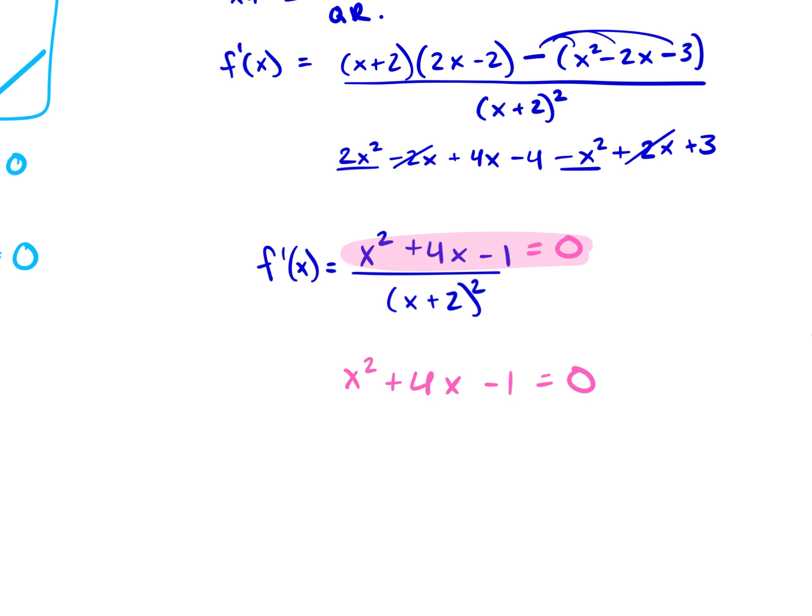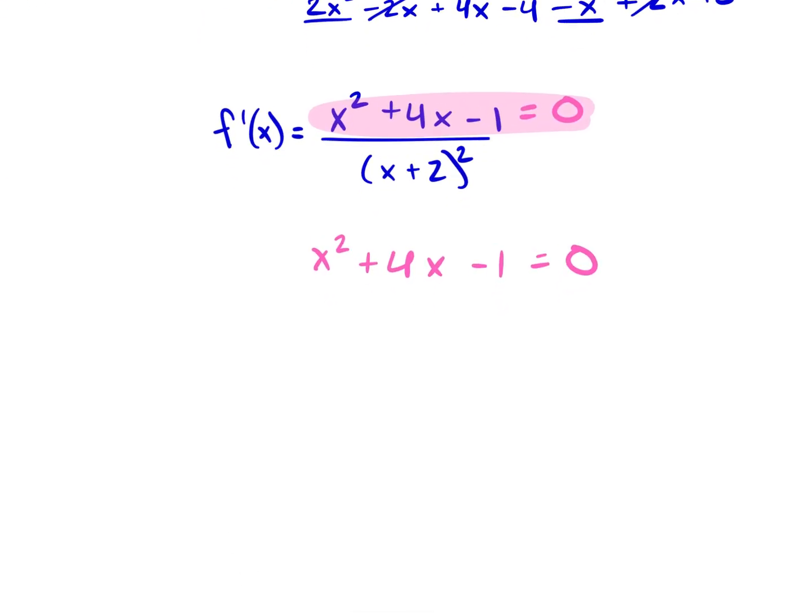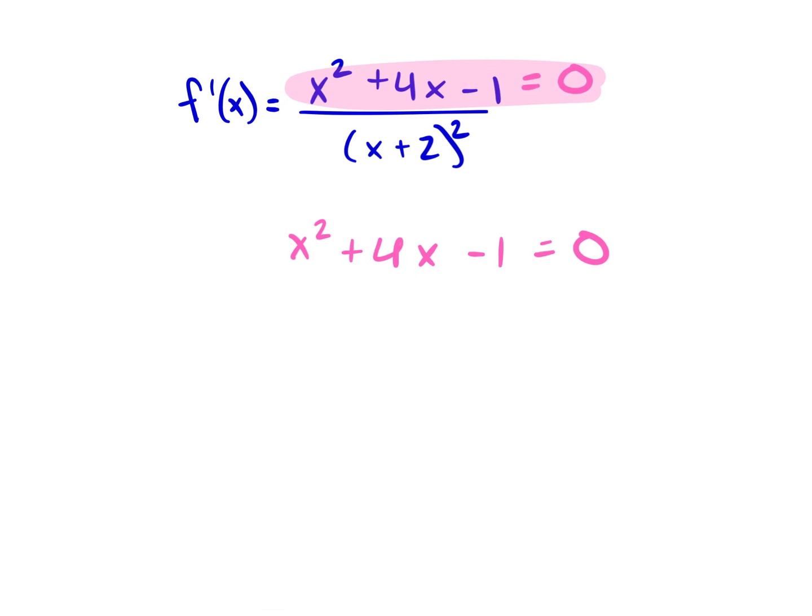Can we factor this? No. So what do we do if it doesn't factor? Quadratic formula. Or you could complete the square. That would work too. Let's do the quadratic formula. Negative b, so -4 plus or minus the square root of b squared, so that would be 16, minus 4 times a times c, over 2a.